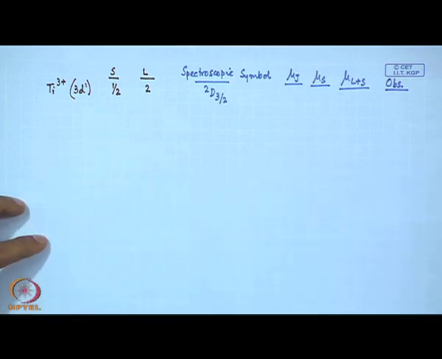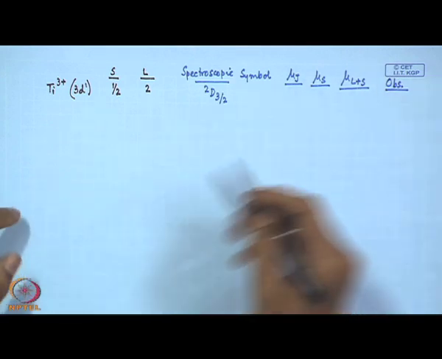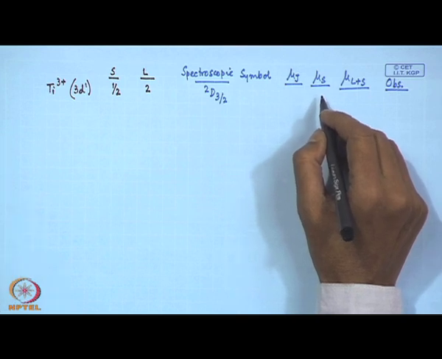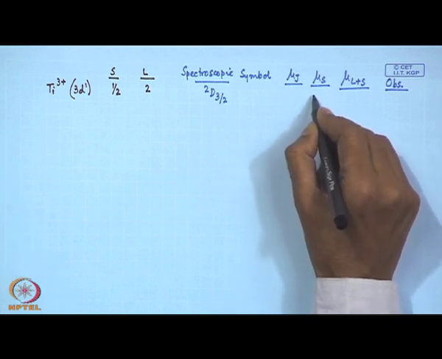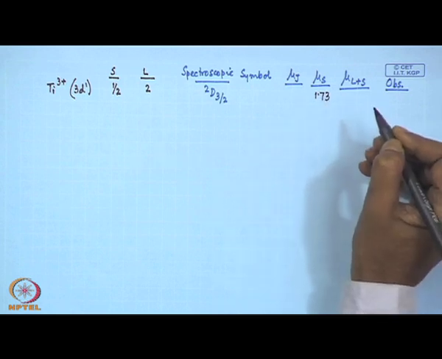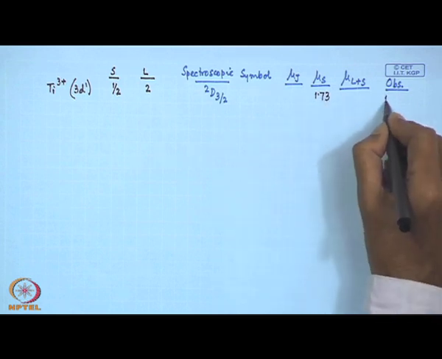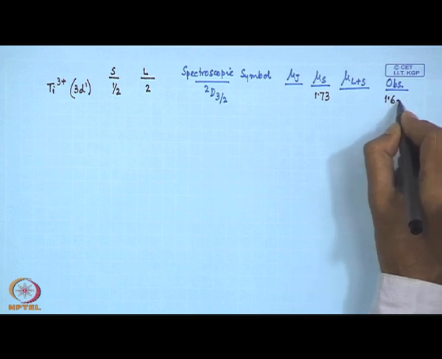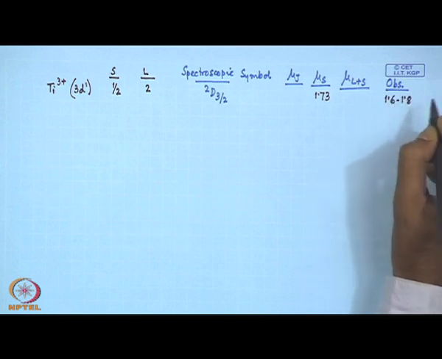In the previous table we were looking at the spin only value, which is 1.73, and the observed values also range from 1.6 to 1.8.